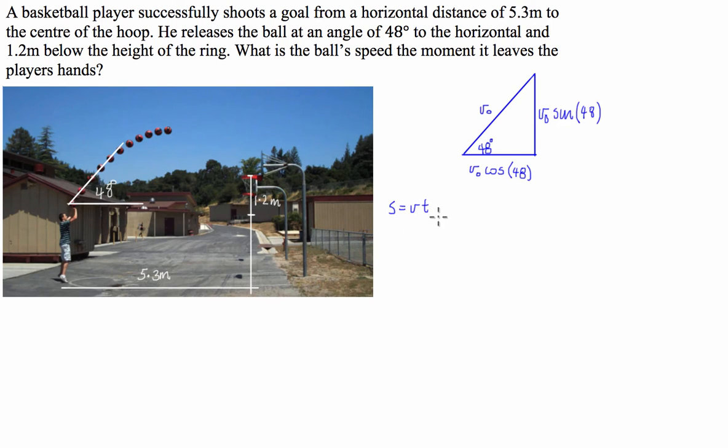Now we can use that to deduce that time is therefore equal to S over V, which is equal to the distance covered in the horizontal direction, which is 5.3, divided by the velocity in the horizontal direction, which is V0 cosine of 48.